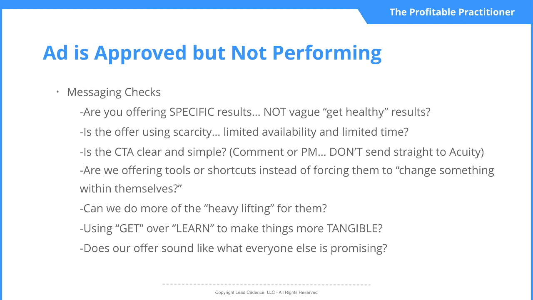So the more things that we can give them that they get as opposed to learn, the more tangible it is. And again, it makes it feel like there's less opportunity for them to fail because it's something outside of themselves that they're getting.